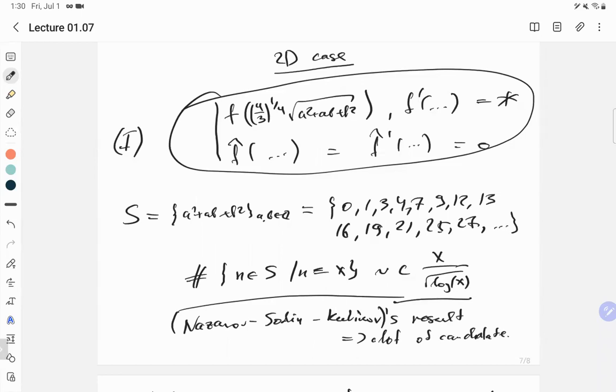This Nazarov-Sodin business helps you construct functions that solve these equality constraints, but the way it does it, you have no control over any inequalities. So it's destroyed completely. We were trying to do something in that direction, but it doesn't seem like it's going to work.